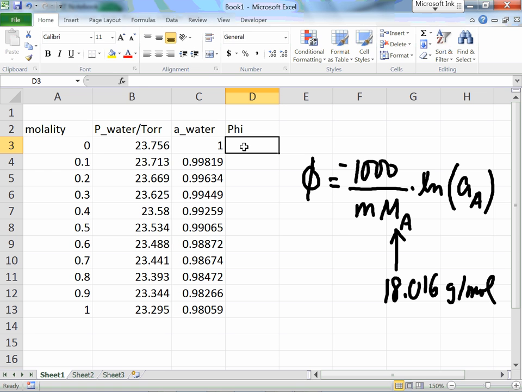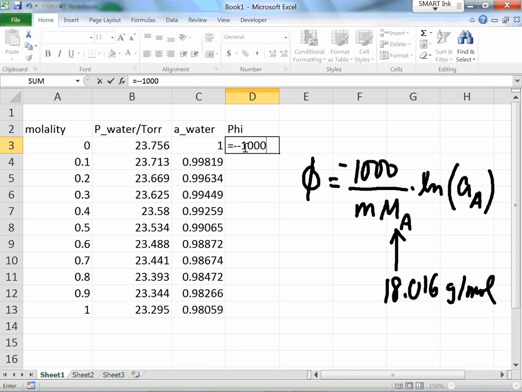So let's do that. This is going to be equals negative 1,000 divided by molality. Let me see.